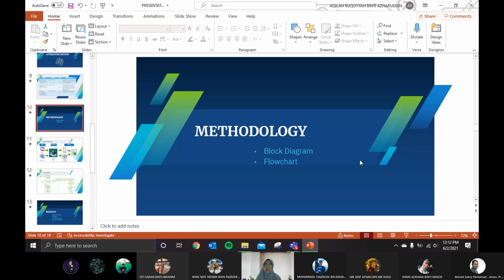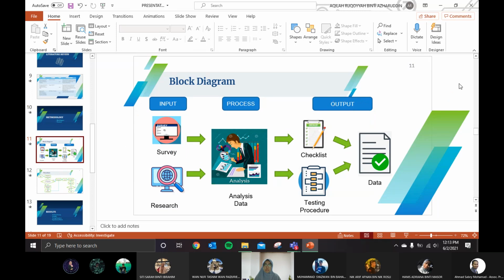My supervisor is Dr. Muhammad Nur bin Nordin, and my industry supervisor is Sir Nik Zaidi bin Nik Bulyamin. My title is Detection of Uncertainty within Medical Refrigerator Systems. So I go to the methodology. The methodology consists of two sections, which are block diagram and flowchart. This is my block diagram. The block diagram has input, process and output.